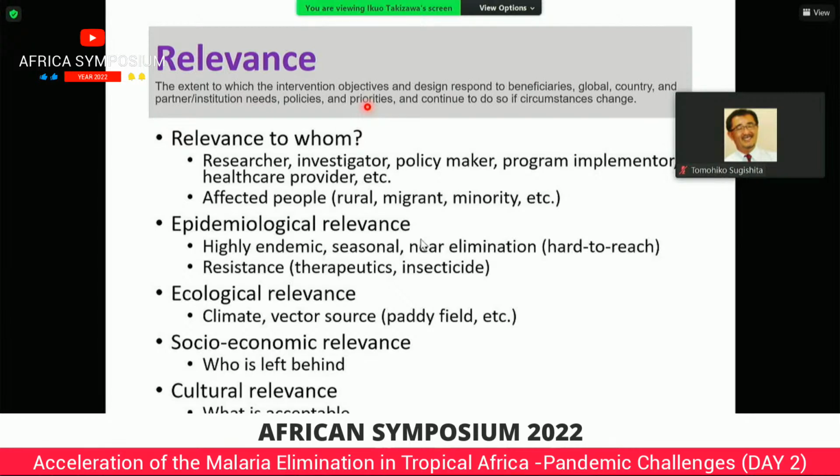One of the examples I can share with you is our SATREPS project in Laos. Laos is relatively well advanced in malaria control, near elimination. Only maybe the hard to reach population groups are left, like the loggers who regularly go into the forest and get infected.